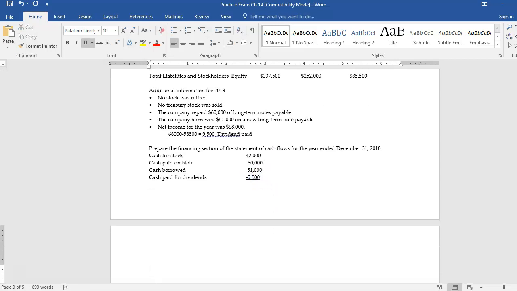And then just add those up. So 42,000 minus 60 plus 51 minus 9,500.